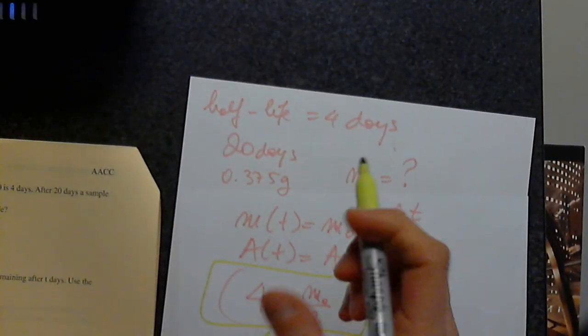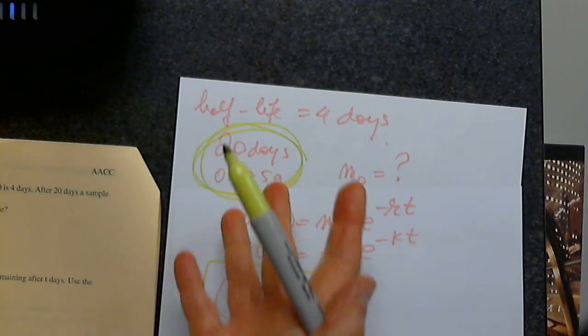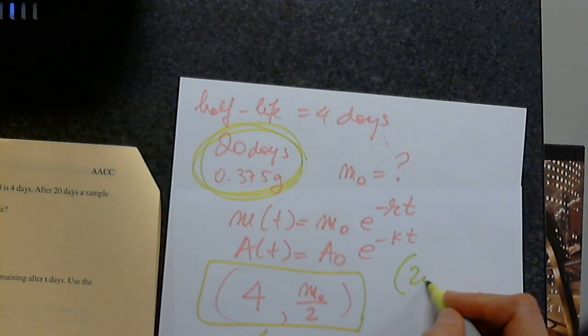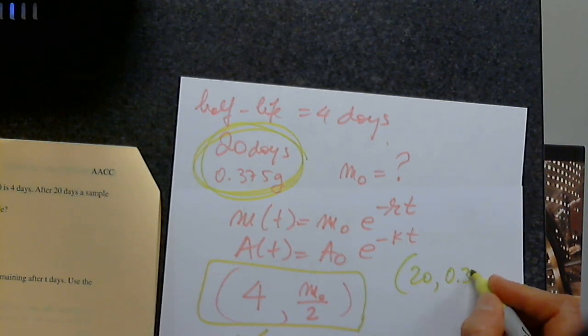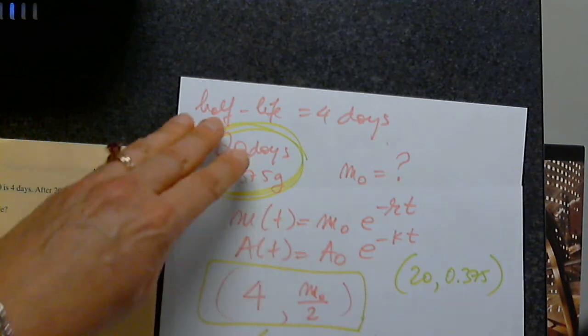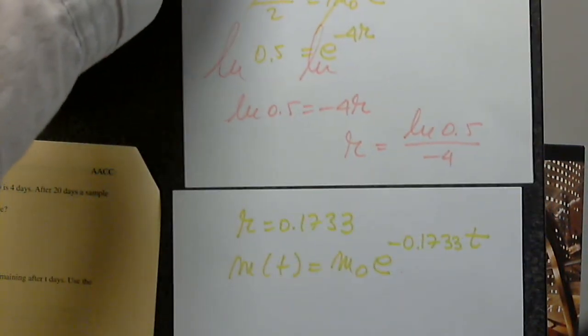So now, can anyone explain what this gives us? What does this say to us? After 20 days, you have 0.375 grams left. Now I would like you to help me put this in the equation.